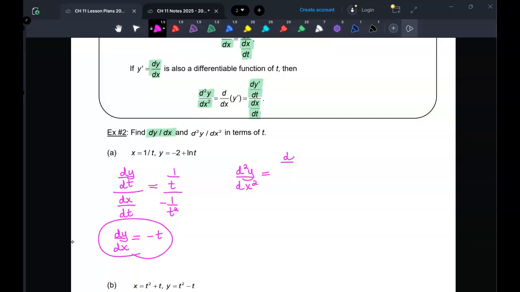Let me see how I want to write this. Wait, what? What's wrong? Take the second derivative, right? So I'm taking the derivative of negative t, which is negative 1, over dx dt, which is negative 1 over t squared.